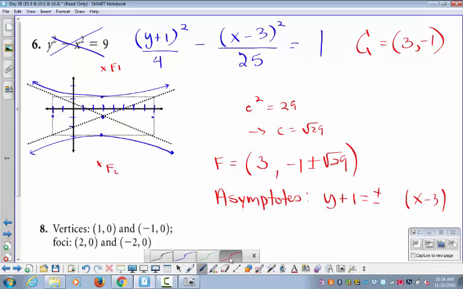It's y over x, so we look under the y's, but it's not the whole denominator, it's the square root of the denominator, so it's 2/5. Also look at your fundamental rectangle. To get from there to this corner, you're going up 2 over 5. So you can always look right at your fundamental rectangle. So 2/5, your asymptotes.